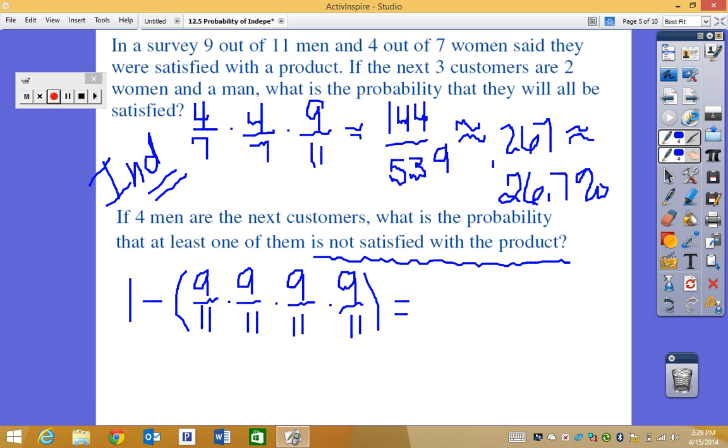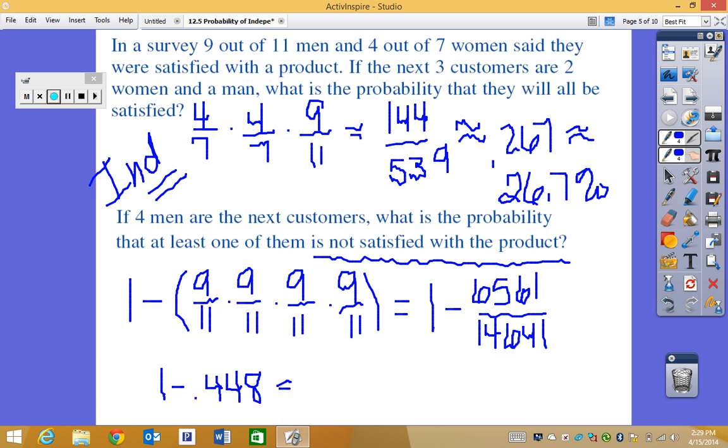So when we take 1 minus multiplying 9 over 11 4 times, we get 6,561 divided by 14,641, which if we change that to a decimal is 1 minus 0.448, which is approximately equal to 0.552, or 55.2% will not be satisfied with the product.